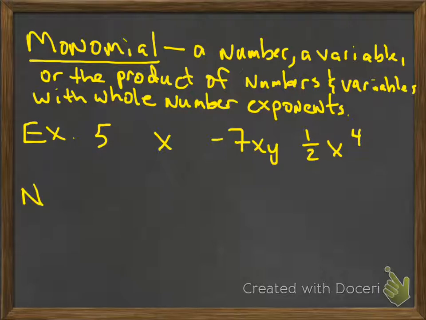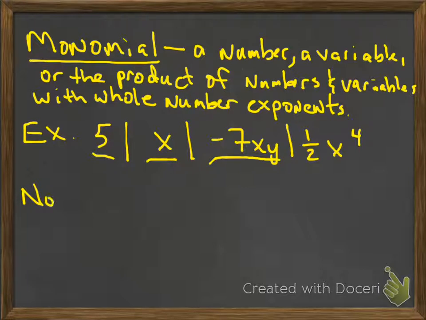So all of those are examples of monomials. There are 4 different examples there. Each one is a separate thing that we're identifying as a monomial. They could be a number, a variable, or the product of a number and variables.